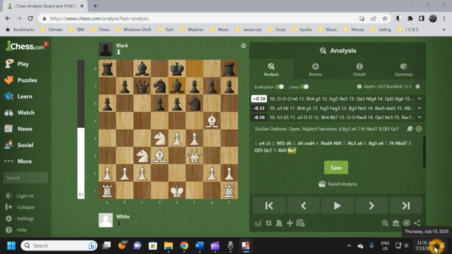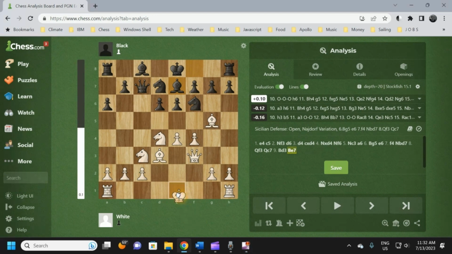Here we're once again going to use the chess.com analysis board to illustrate more things about chess notation. In particular, castling. So it is white to move, and white can castle either kingside or queenside here.